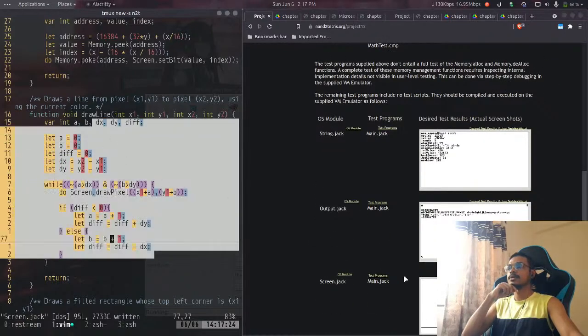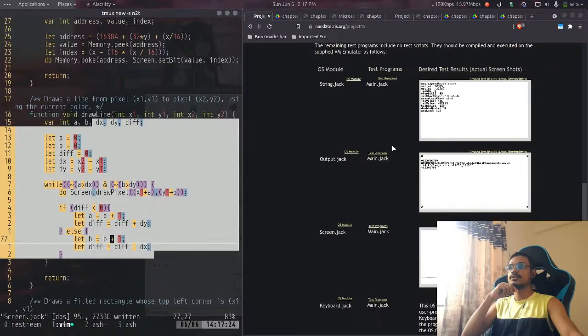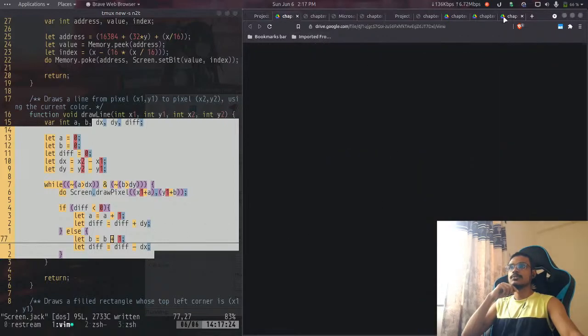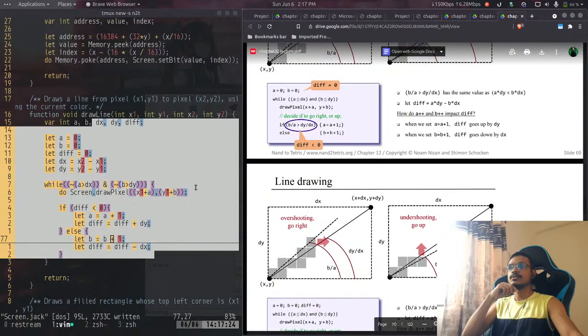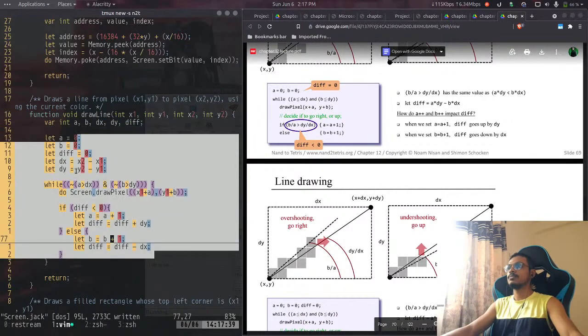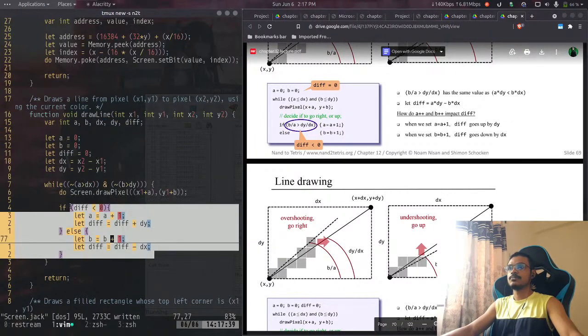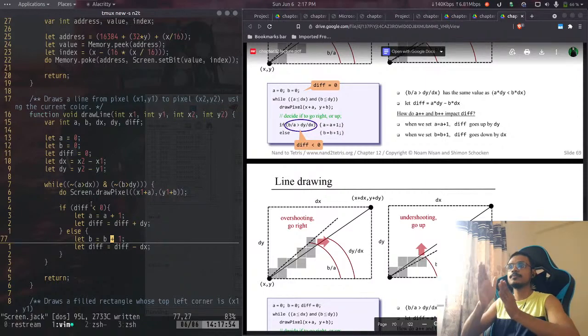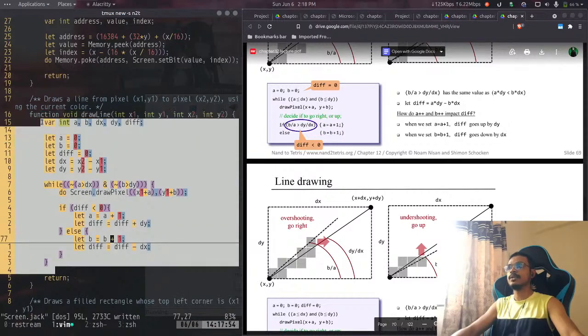Right now I'm creating a screen module with functions which can draw a pixel, a line, a circle, and a rectangle. I'm writing the code for that, and I'm trying to figure out how to draw slant lines like this one.